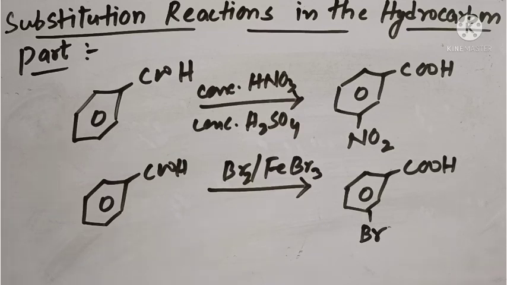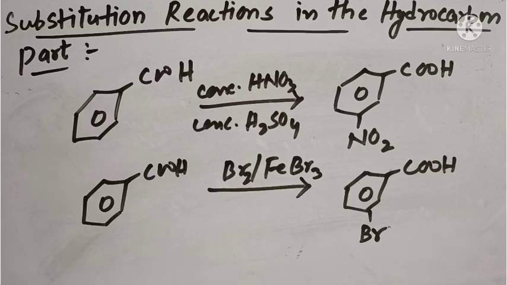Now the Friedel-Crafts alkylation or acylation also comes under the electrophilic substitution of aromatic compounds, but generally carboxylic acid or benzoic acid does not undergo the Friedel-Crafts reaction. One reason is that it is ring deactivating.